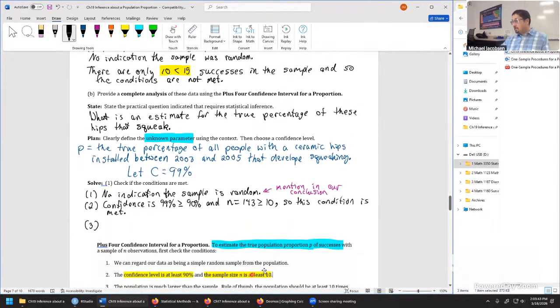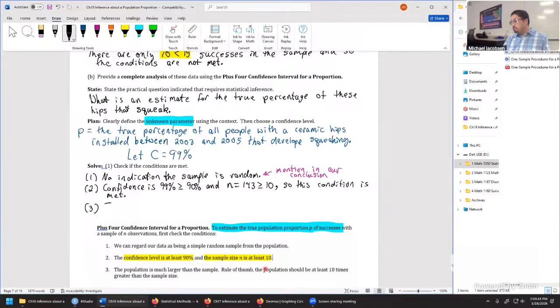So we'll say here, it is reasonable to assume the size of the population is more than, when it says 10 times the sample, we mean 1430.